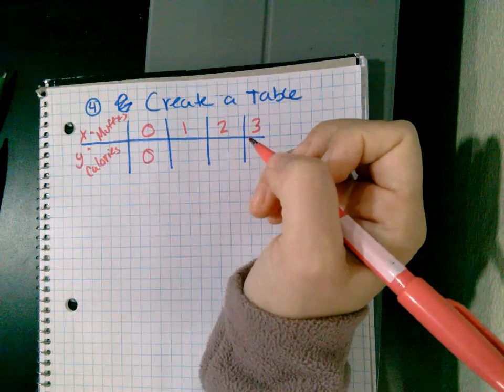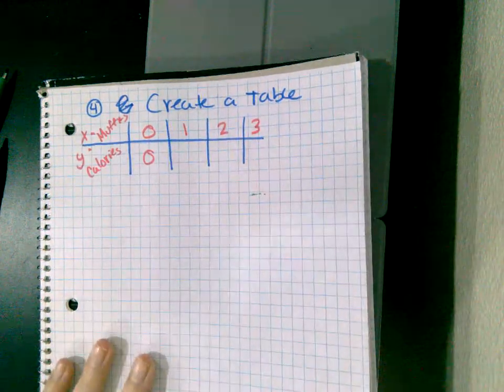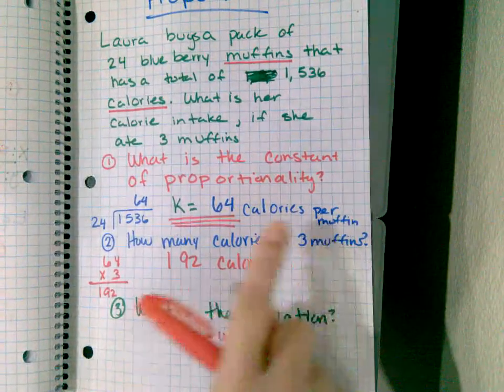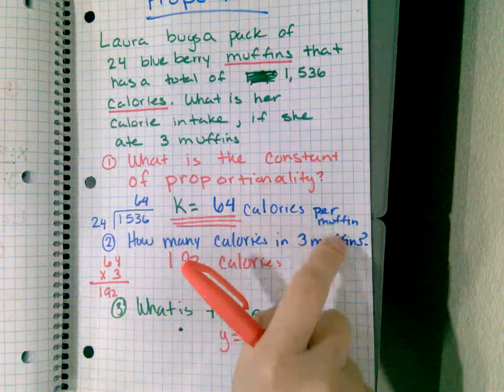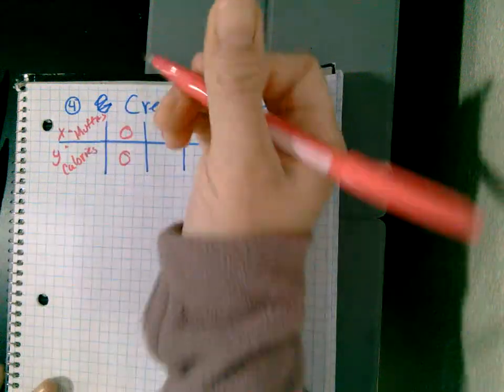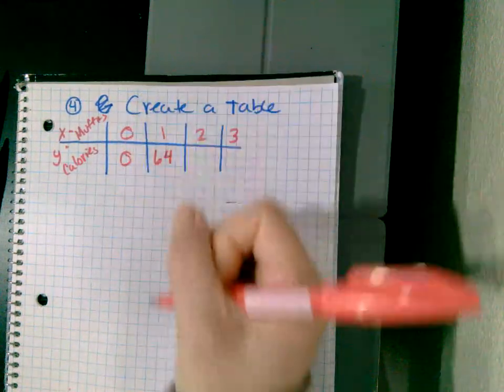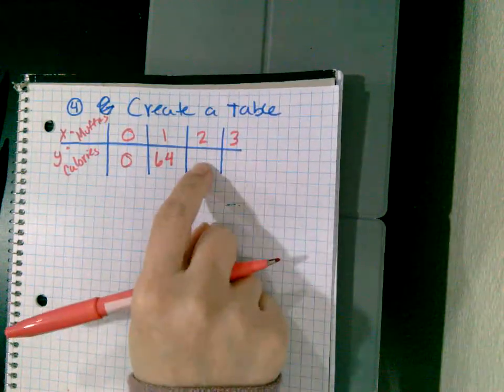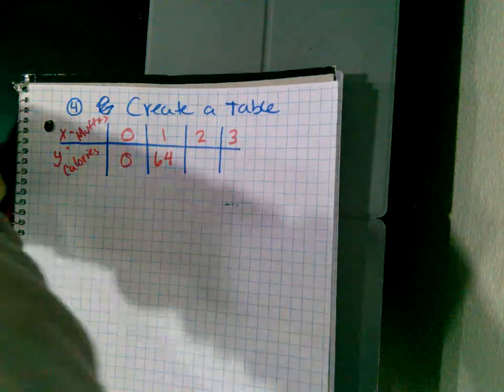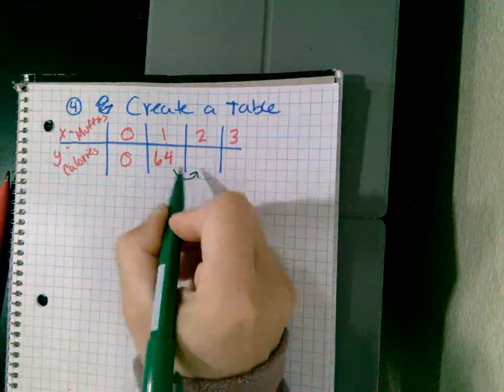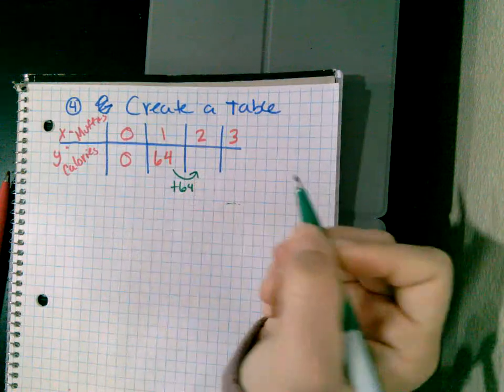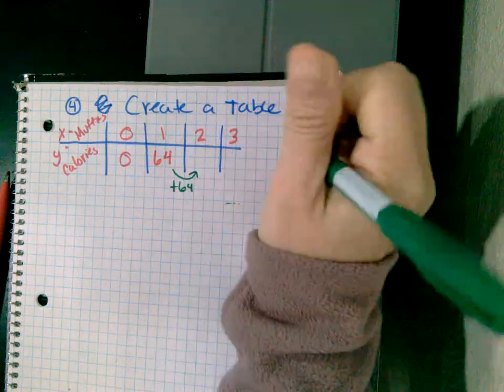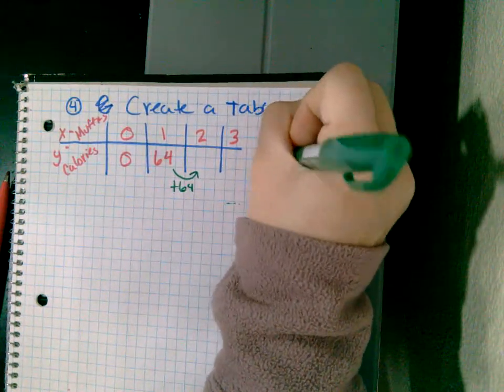How many calories does 1 muffin have? Per muffin, 64 calories. So 1 muffin is 64. How would I get 2 muffins? From here to here, I'm just going to add 64. So what's 64 plus 64?